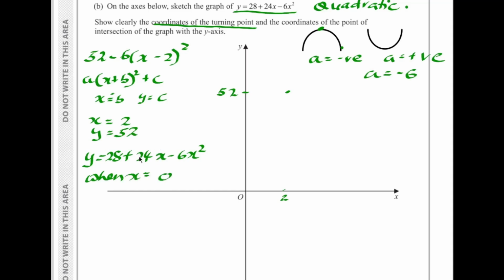Then y equals 28 plus 24 times 0 minus 6 times 0. Then my answer is 28. Now I know that the y-intercept would be somewhere here. Then I can draw the curve.